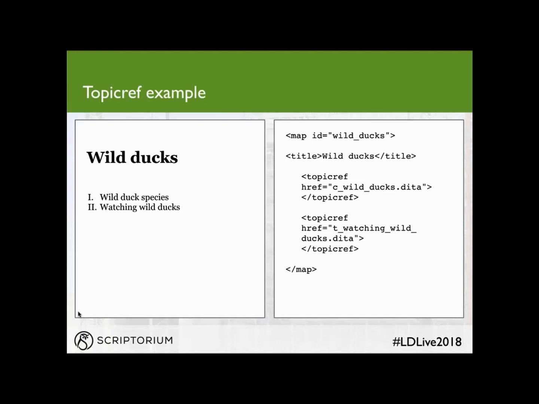So before you have your close tag on your first topic ref, for example, if you have some other subtopics you want to include, you would have a topic ref element inside of that, and then you would close your second subordinate topic ref, then you would close the first topic ref, and that would allow you to nest your topics.